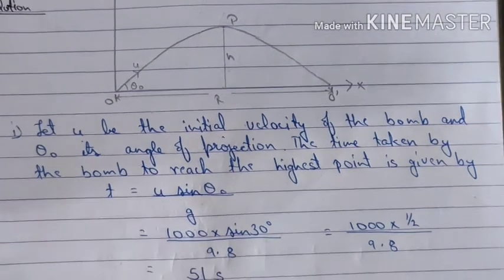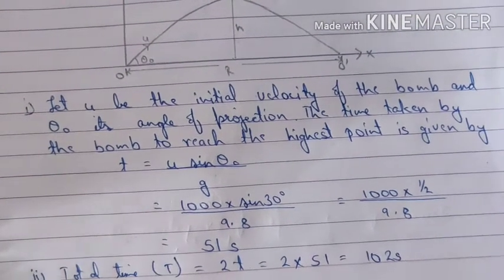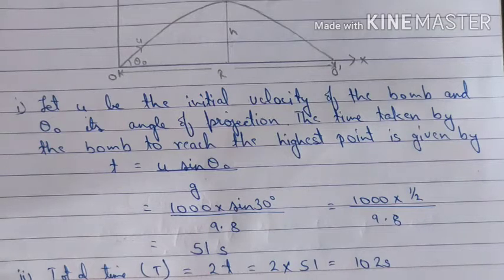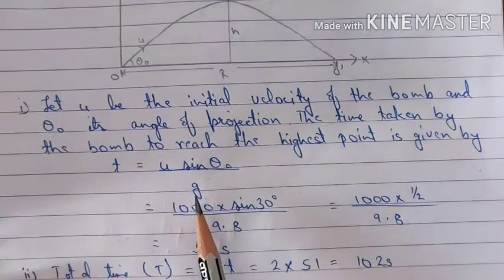So we are going to move with the same format. Okay, let's see. Let u be the initial velocity of the bomb and theta naught is angle of projection. The time taken by the bomb to reach the highest point is given by t is equal to u sine theta naught upon g. Putting all the values, we get the time is equal to 51 seconds.